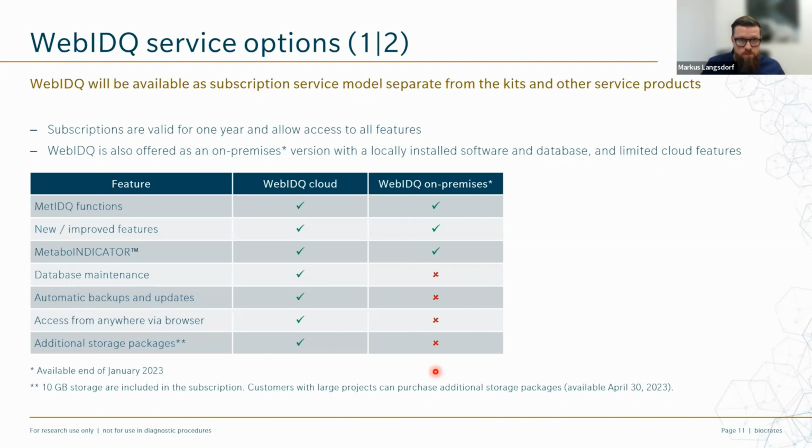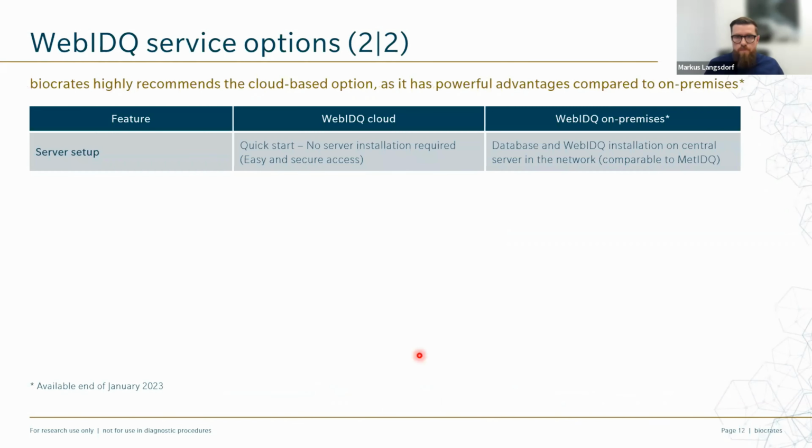For the cloud version, there will be additional storage packages available in spring next year. The standard package storage of the WebIDQ cloud includes 10 GB, what is the same as in the Oracle Express database, for example, that is used by the majority of the MetIDQ users.